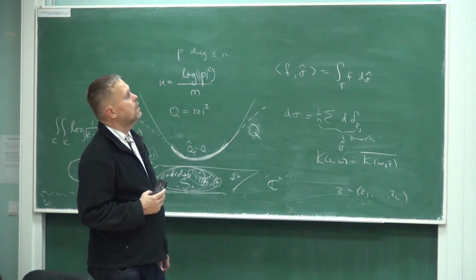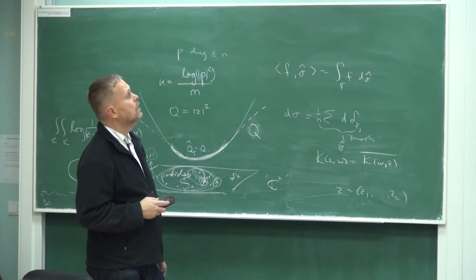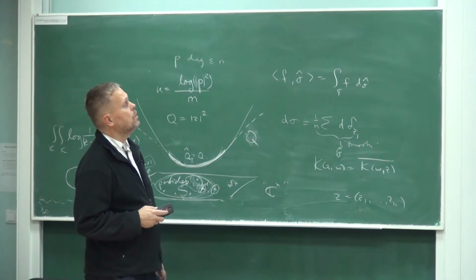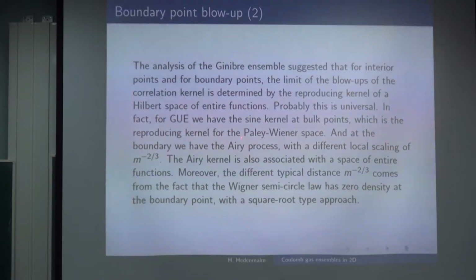And then if you look at the Gaussian unitary ensemble, which is a specific case when you have eigenvalues on the real line with a Gaussian potential, then we have typically the sine kernel at the bulk points, and that's associated with another space of entire functions, the Paley-Wiener space.